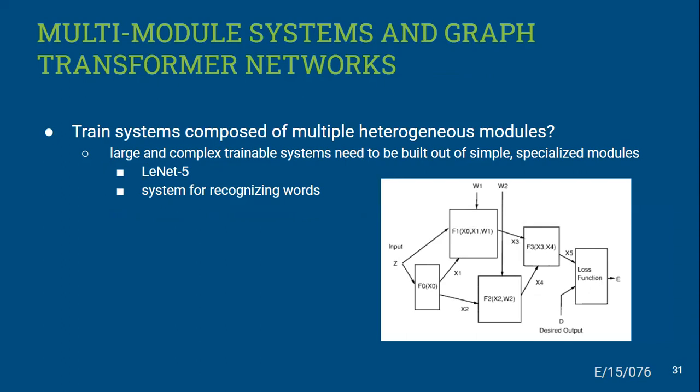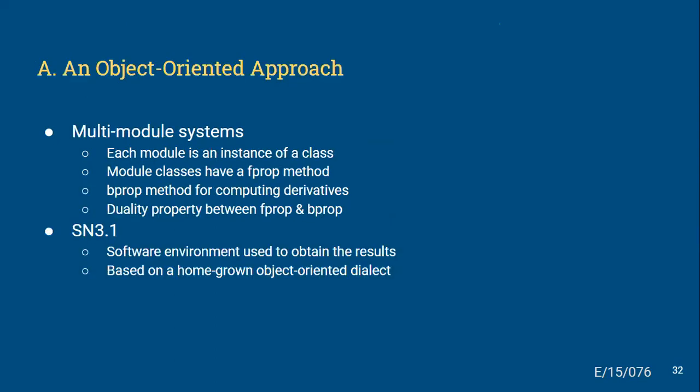Object-oriented programming offers a way of implementing multi-module systems. Each module is an instance of a class, and module classes have forward and backward propagation methods, and they have the duality property. The software environment used in this research to get the result is SN 3.1.